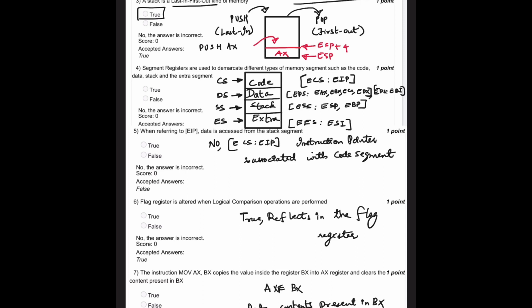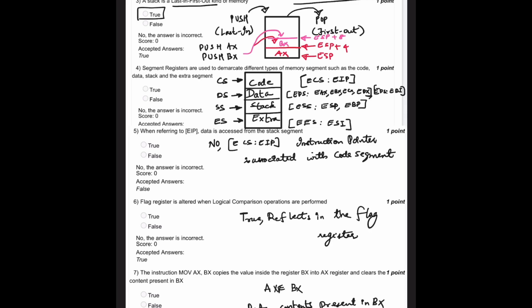So now let's say you do push BX. So BX goes and sits here on top of this, and again forcing the stack pointer ESP to ESP plus 8, right?